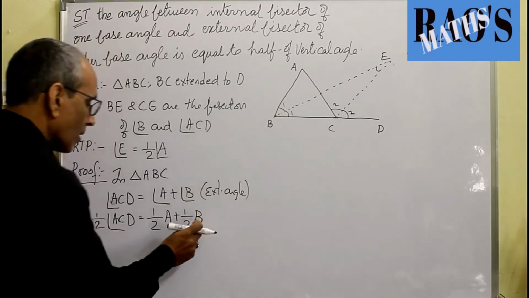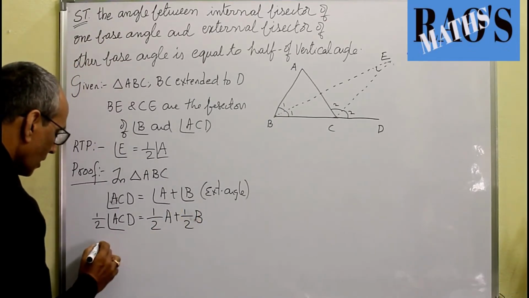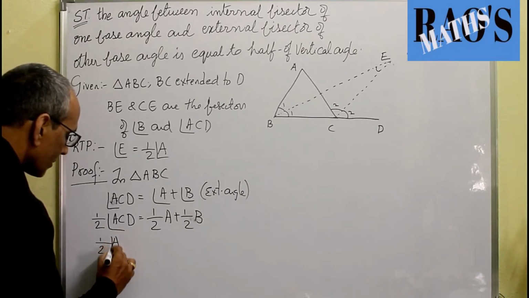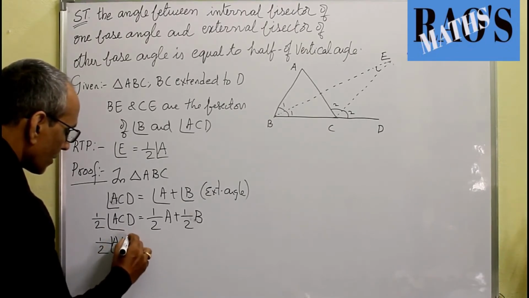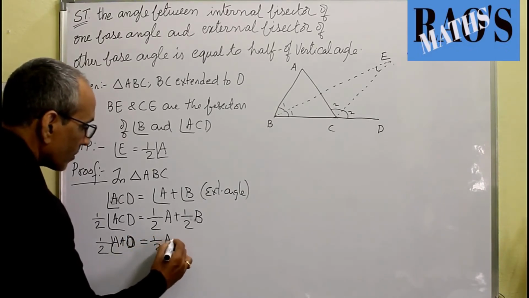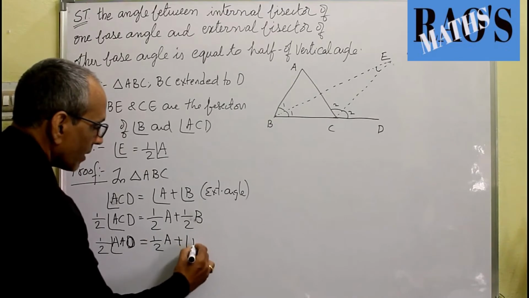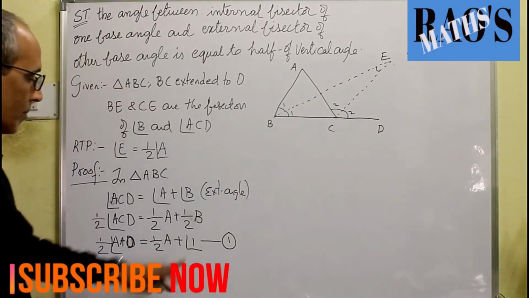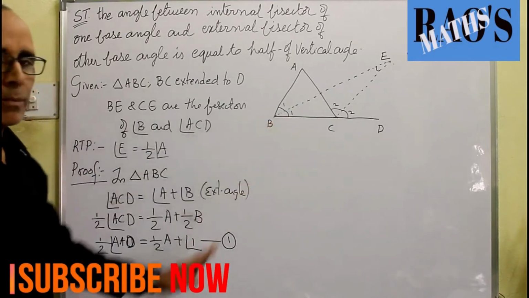It is 1. So in the place of half B, I write 1 in the next step. Therefore, half ACD is equal to half A plus angle 1. This is the first statement. Clear?